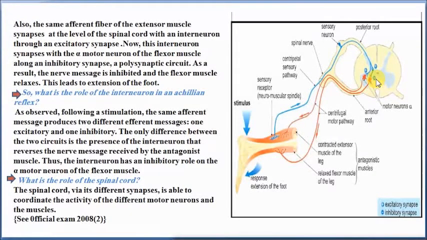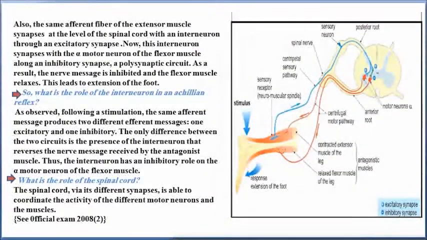Now, as a result, the nerve message is going to be inhibited. That is, this alpha motor fiber is not going to carry any action potential to the flexor muscle, which is going to cause the flexor muscle to relax, and this is going to lead to extension of the foot.